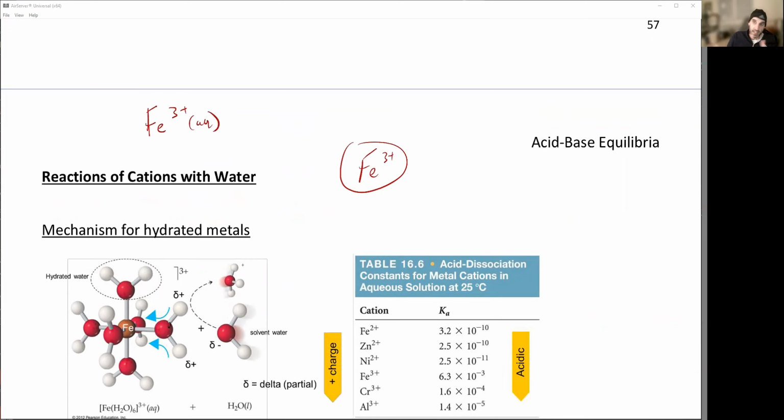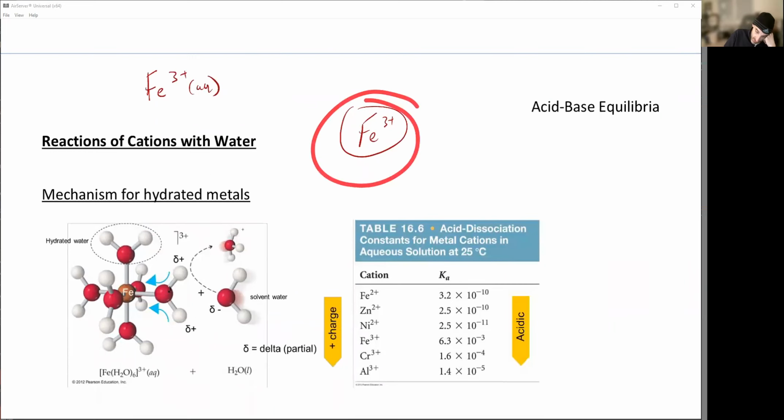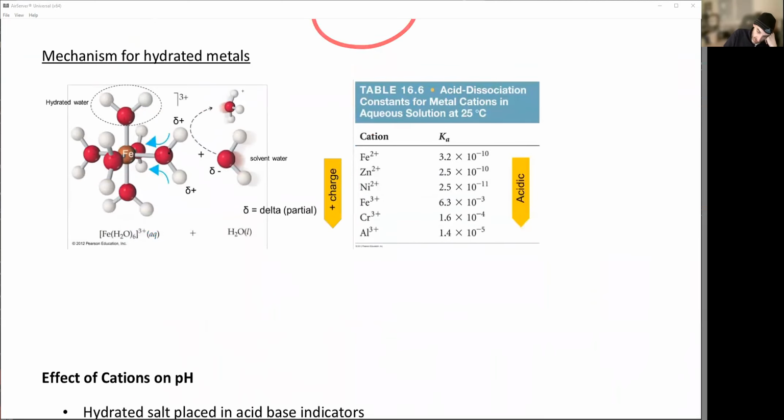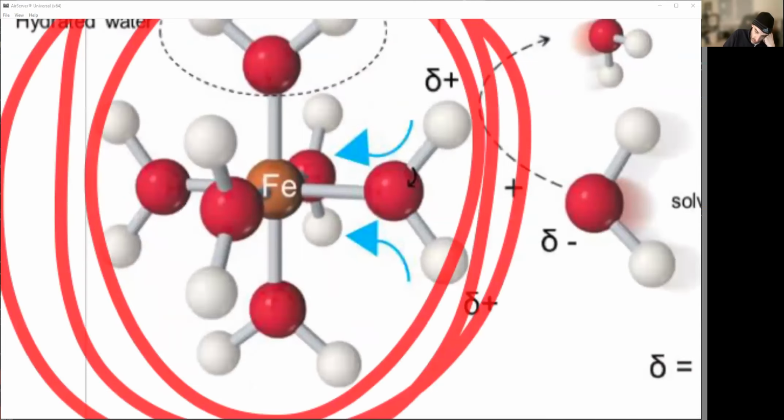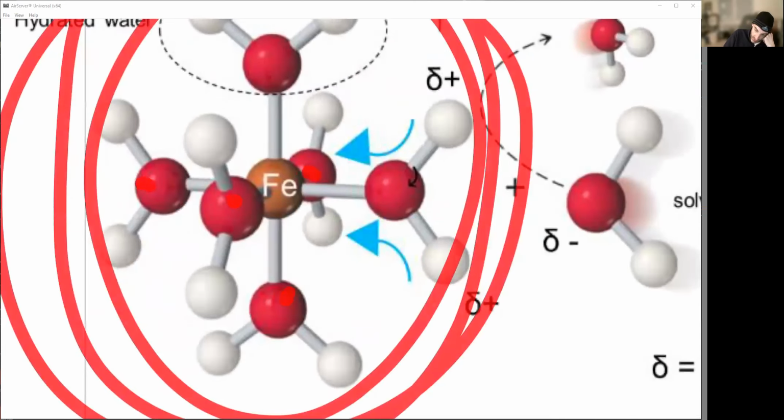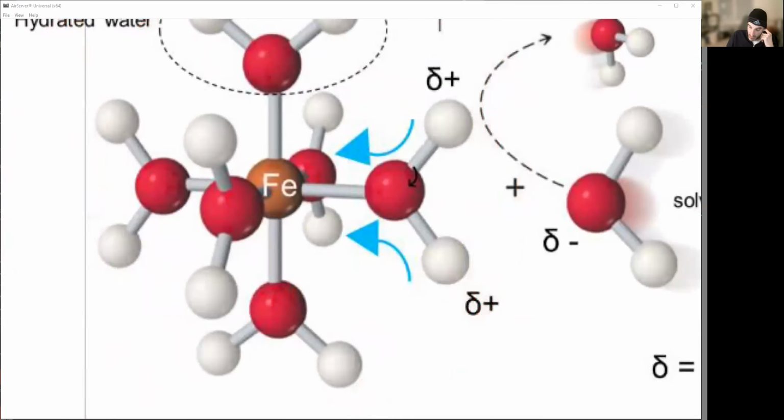What it doesn't look like is just this sphere of iron cruising around in water. What really happens is this iron is surrounded by this solvation shell of water molecules. So it has 1, 2, 3, 4, 5, 6 water molecules around it.